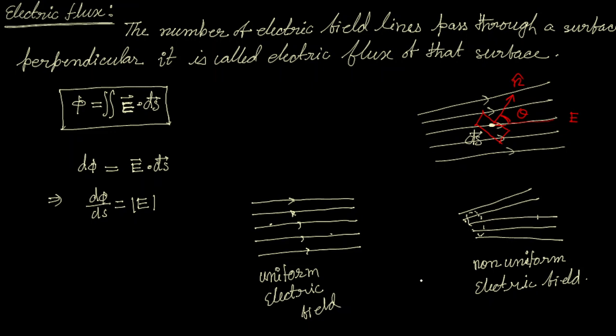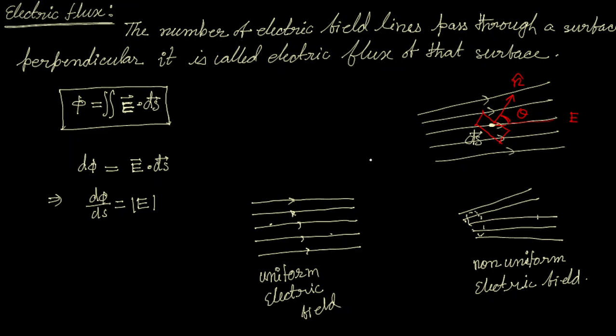If it is uniform, then the magnitude and direction must be the same everywhere. So in this case we can represent it by a set of parallel lines. And if it is non-uniform, then at different points the flux density will be different, and the direction can also be different.